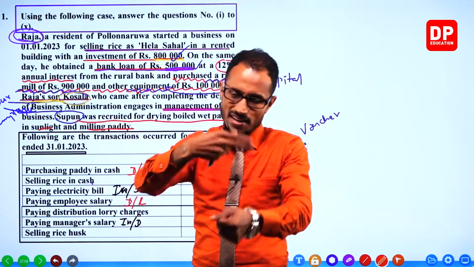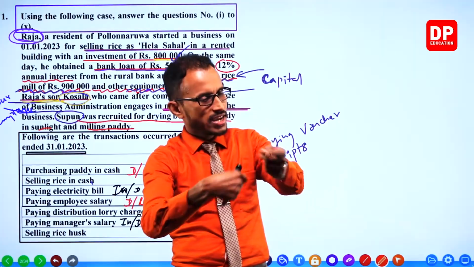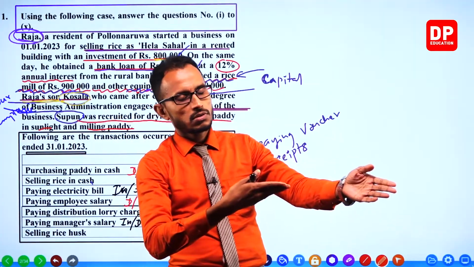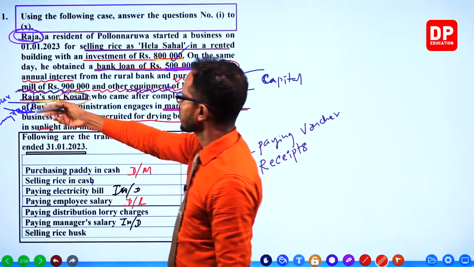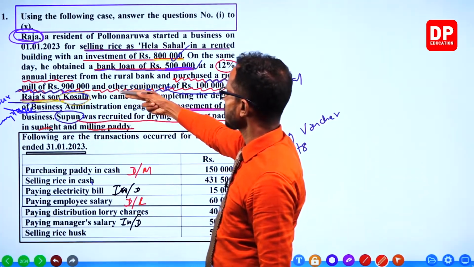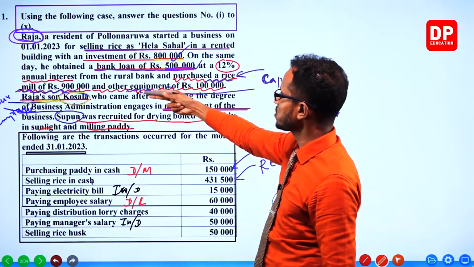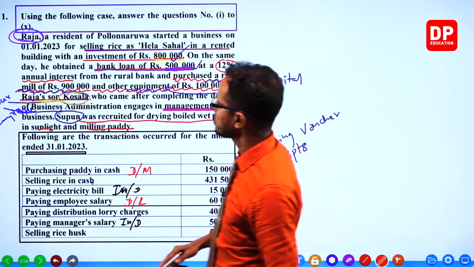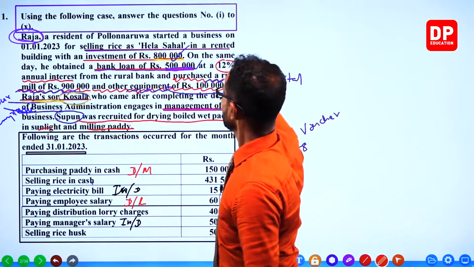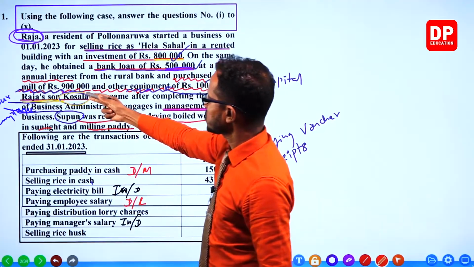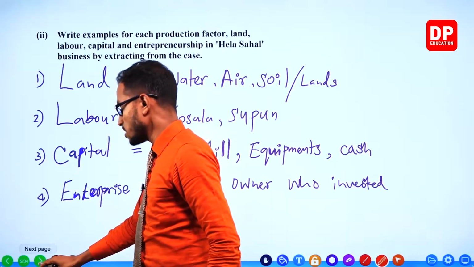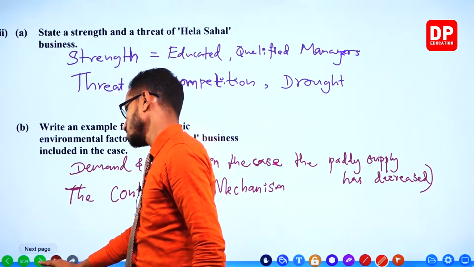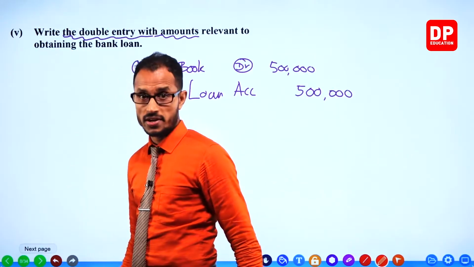The annual interest from the rural bank, and purchased a rice mill for 900,000. 900,000 cash paid for the rice mill, so cash going out, credit. And other equipment of 100,000. 900,000 and 100,000 should be credited.